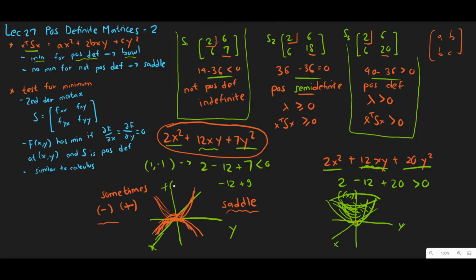Okay, and there's a test to see if our matrix has a minimum, which is by using the second derivative matrix. I want to bring your attention here first: it's really similar to calculus. Let's say you have a function f(x) equal to something, and you want to find the optimal value, the minimum or the maximum.